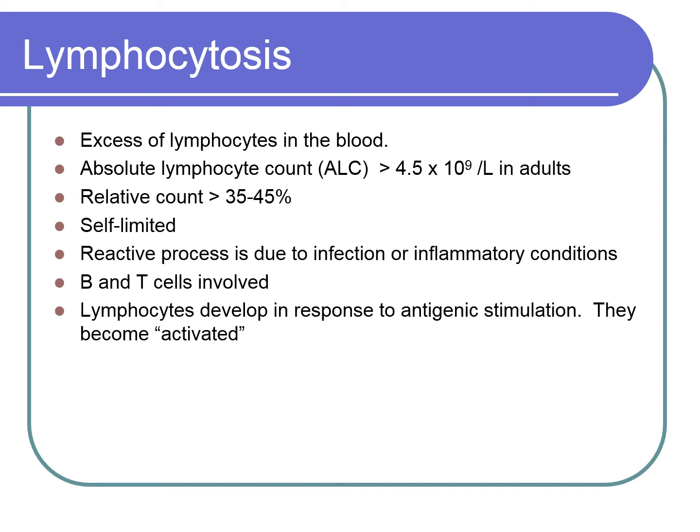It is a self-limited condition, mostly associated with infections. Reactive process, as we usually see, is due to infection or inflammatory condition. B and T cells are involved. The lymphocytes develop in response to antigenic stimulation, so they become activated.